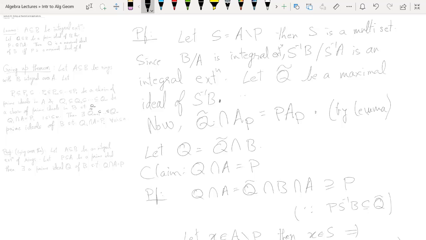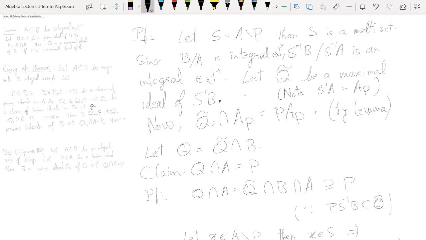By the way, what is S inverse A? Since S is A minus P, S inverse A is by definition the same as A localized at P. It's the local ring where you invert everything outside P.